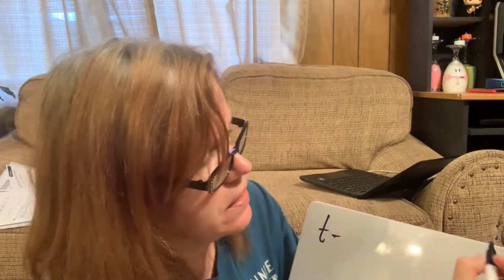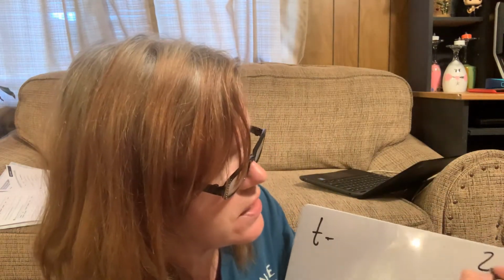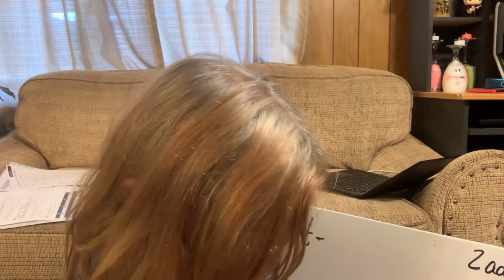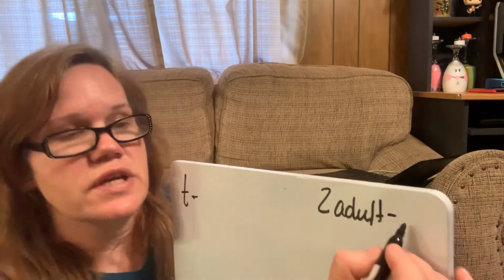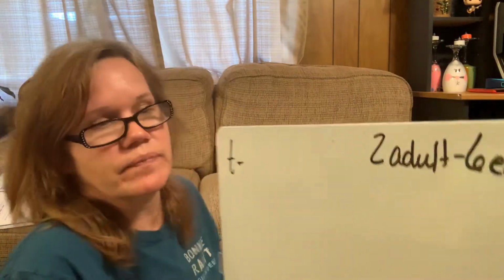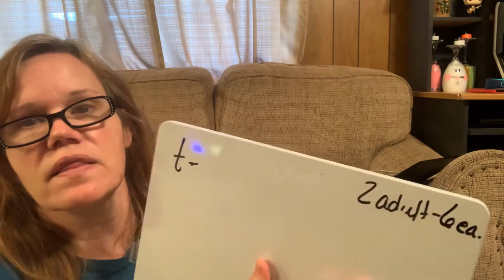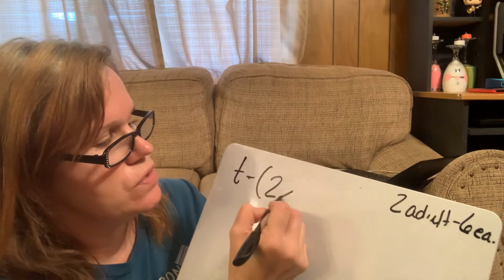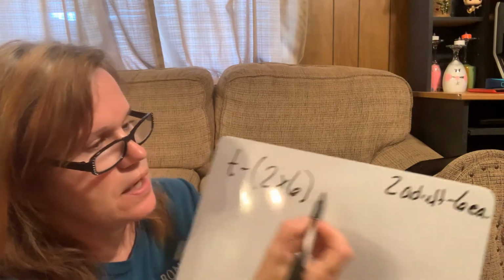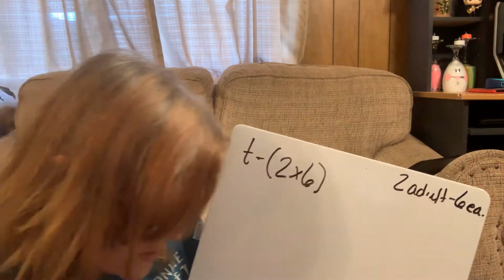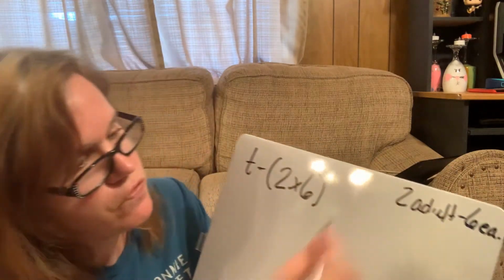All right, so they had 2 adult tickets for how much? $6 each. I'm abbreviating each as EA. All right, so how could we figure out how much 2 adult tickets would be? That's right, 2 times 6. Then they got 3 child tickets for $4 each.